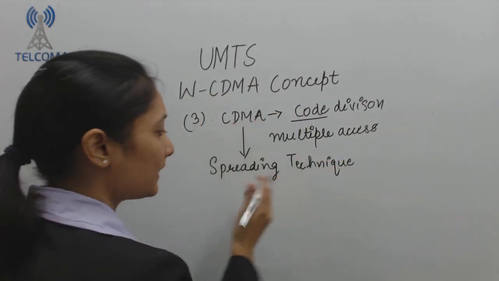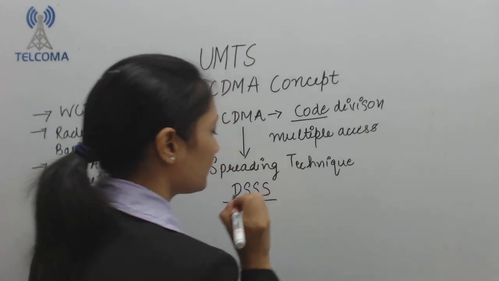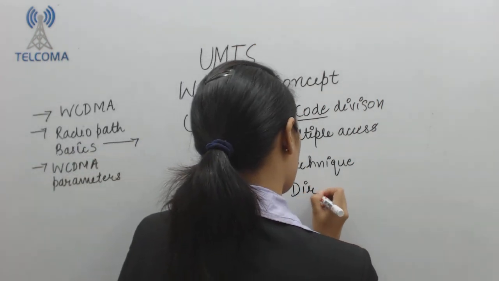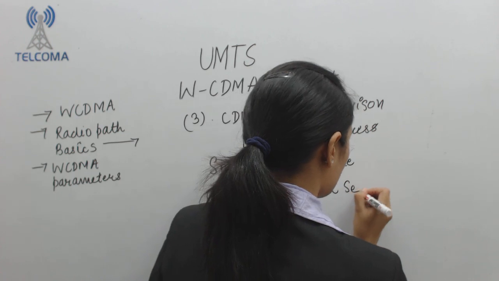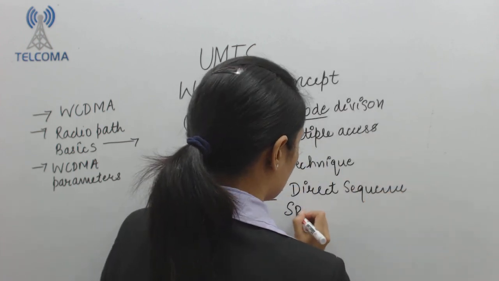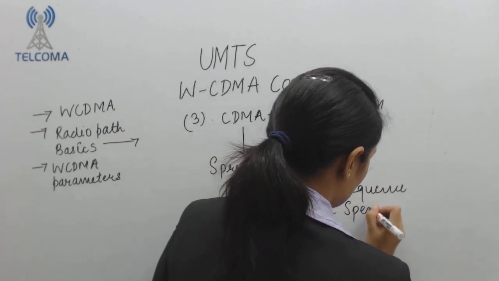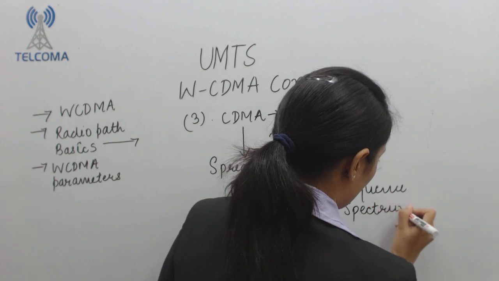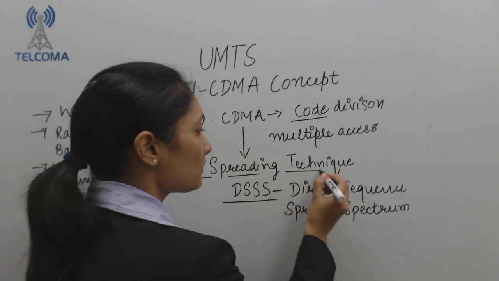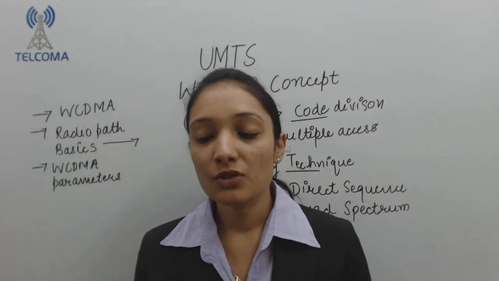That is, CDMA is DSSS, direct sequence spread spectrum. Now, first of all, spreading. That means we have to spread our information signal.